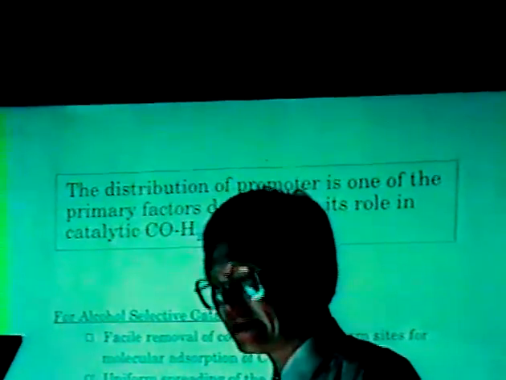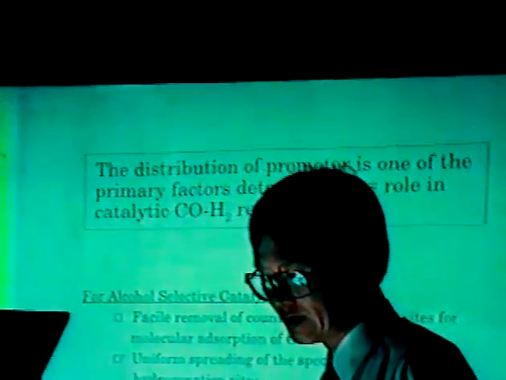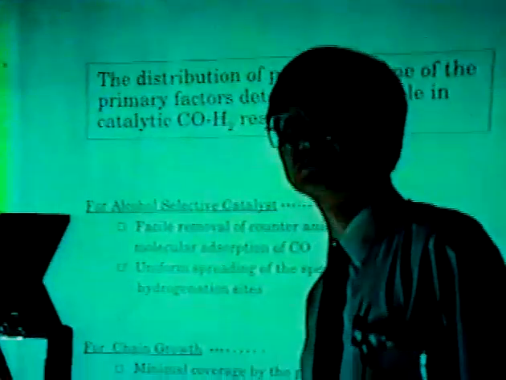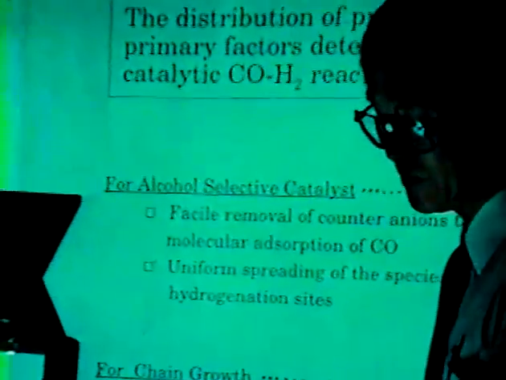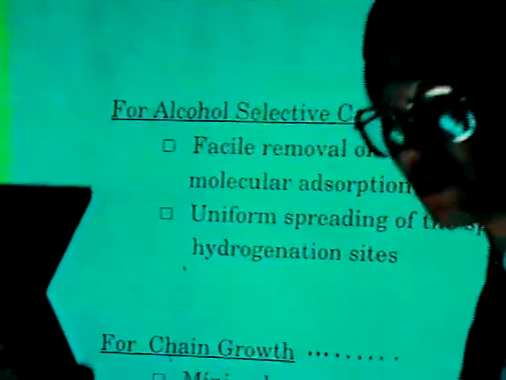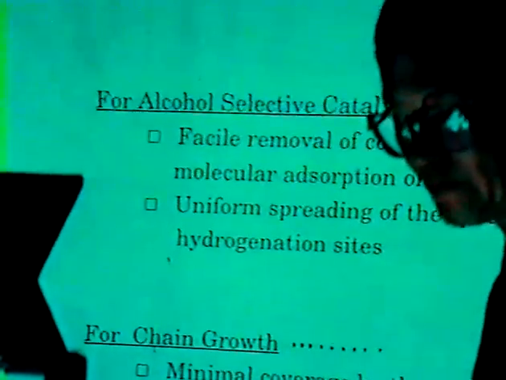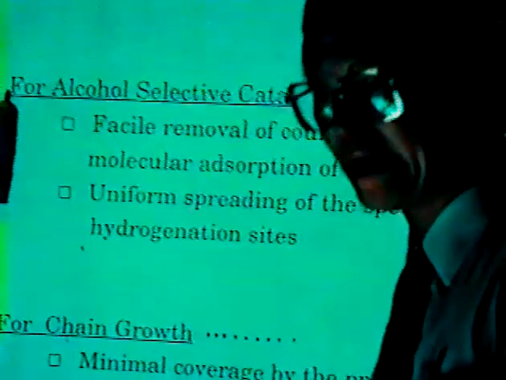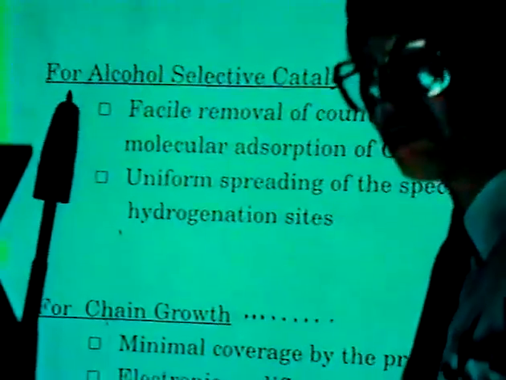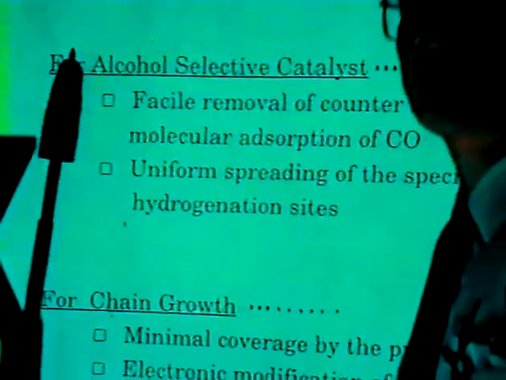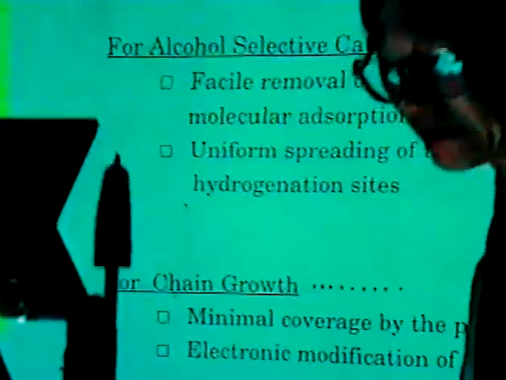So, to conclude, the distribution of the promoter is one of the primary factors, at least, determining its role in catalytic CO hydrogenation reactions. To be more specific, in order to be an alcohol selective catalyst, you require partial removal of counter anion to form sites for molecular absorption of CO, or probably promoting CO insertion.